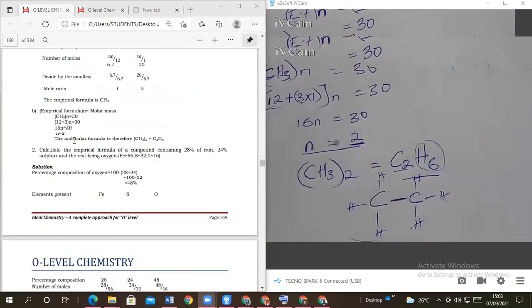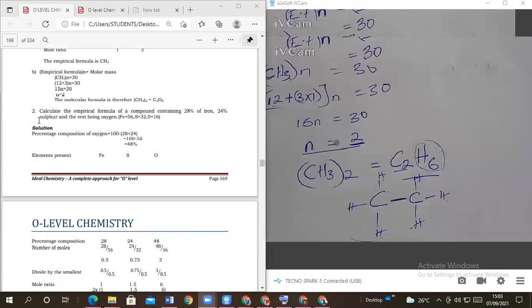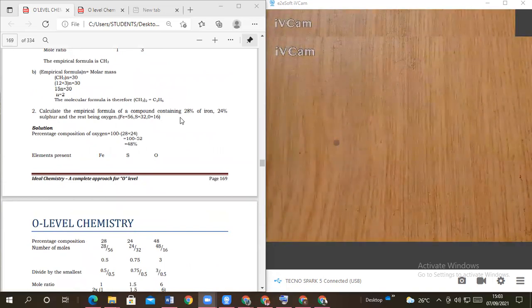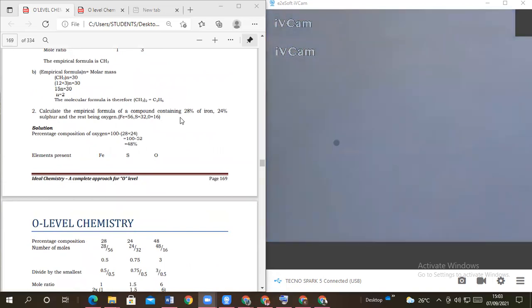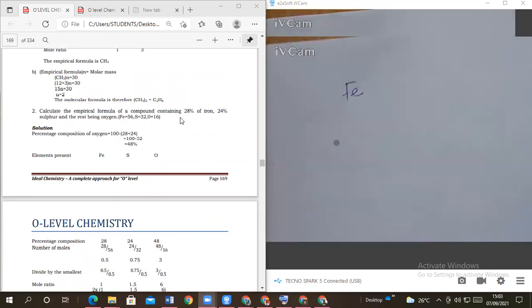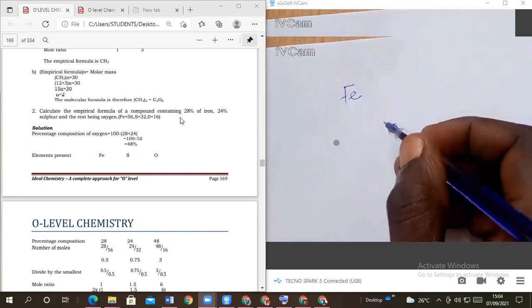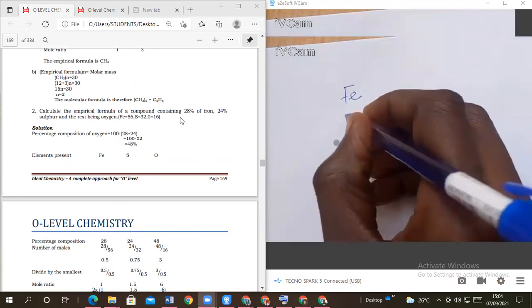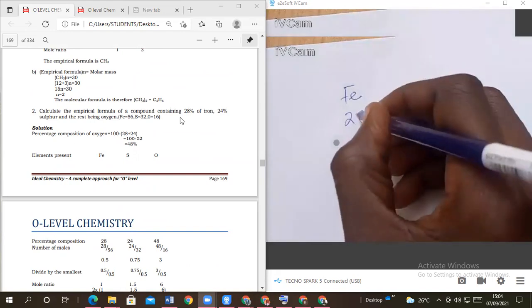Now here, they are telling us to calculate the empirical formula of the compound containing iron, isn't it? What's the percentage of iron? 28. 24% what?